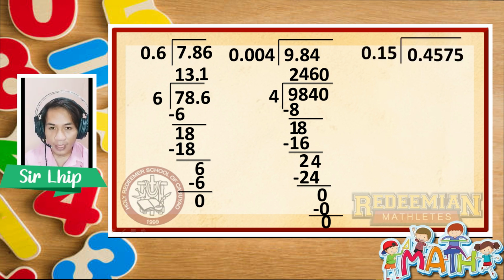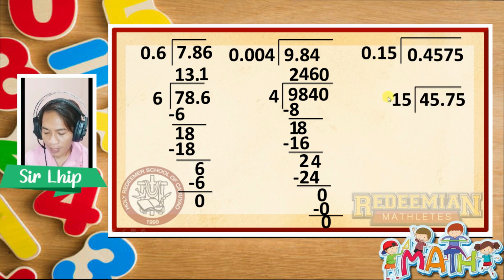4,575 10,000s divided by 1,500s. Move 2 places to the right, so 1,500s becomes 15 and 4,575 10,000s becomes 45 and 75 hundredths. So 45 divided by 15 equals 3. 3 times 15 equals 45.